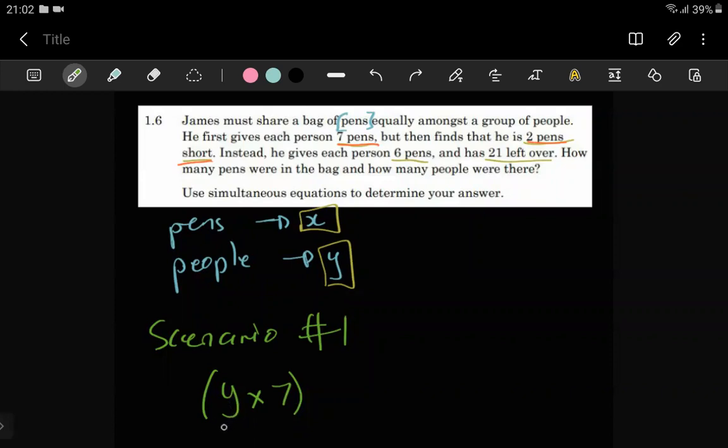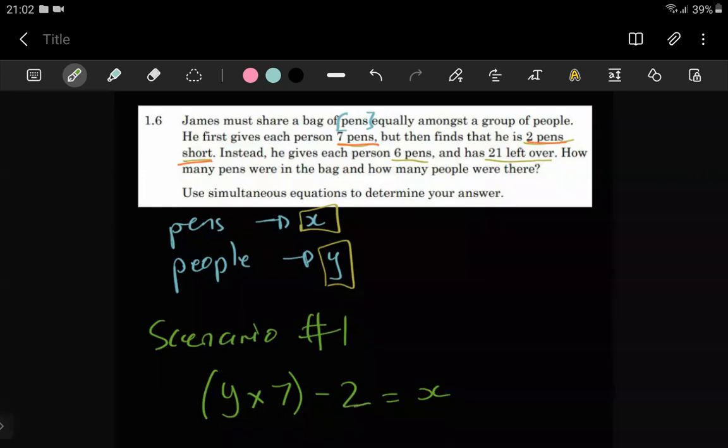But instead of having 70 pens, do you see that he has this amount of pens minus 2? Yes, so that's the amount of pens that he has. The pens he has would have fit amongst other people, but they didn't fit, because 2 were missing.